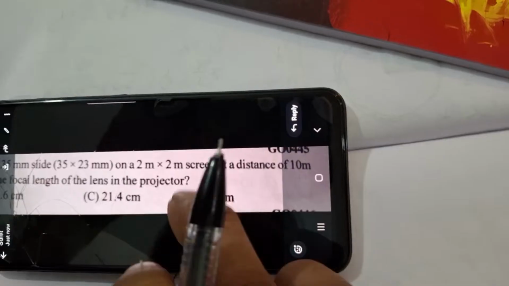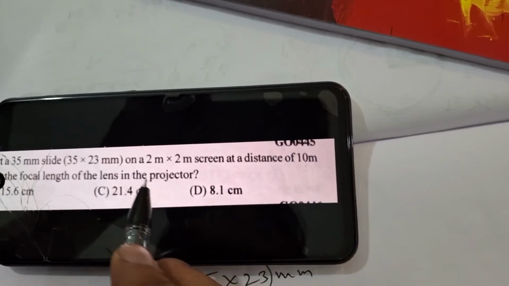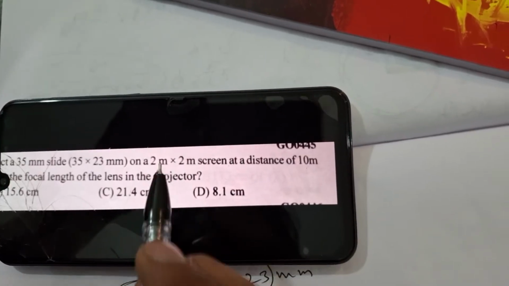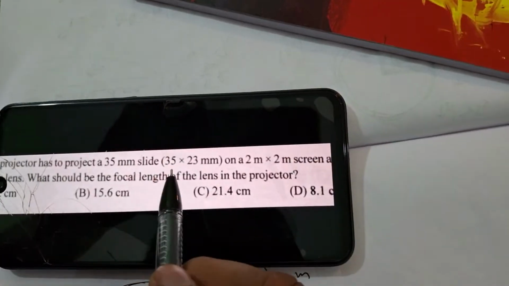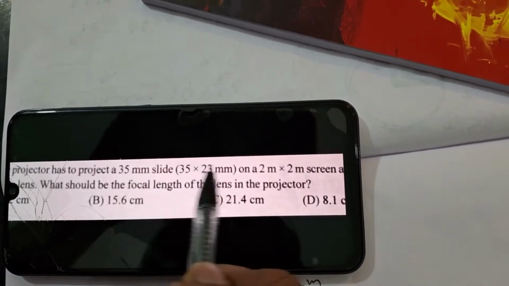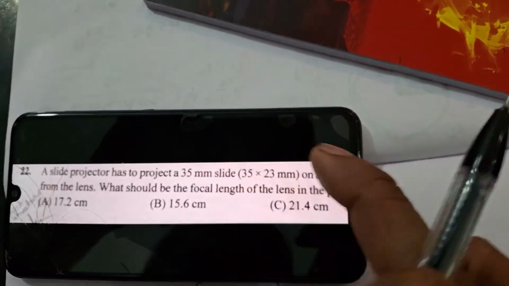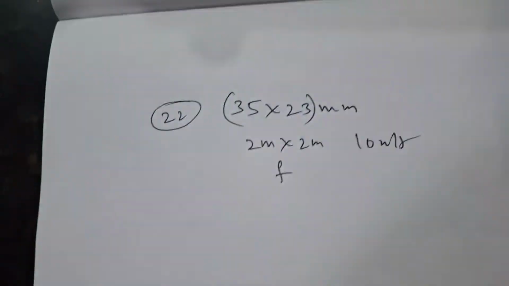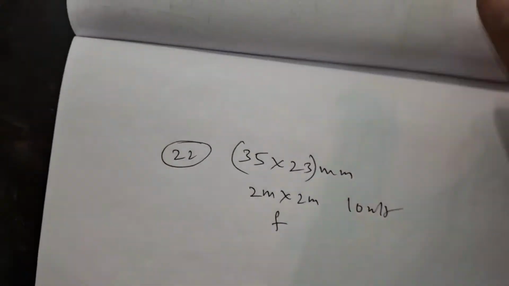So this is the image distance, 10 meter, and this is the dimension of the image. You need to project the object. Now the focal length is required. Very easy questions, NEET type questions.